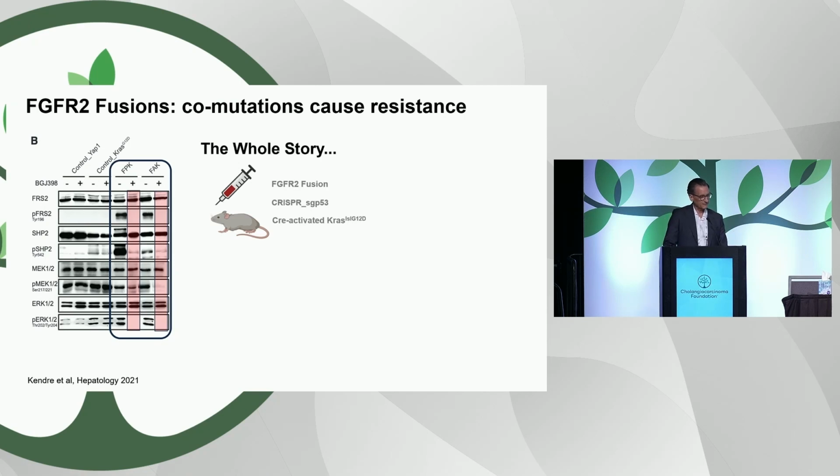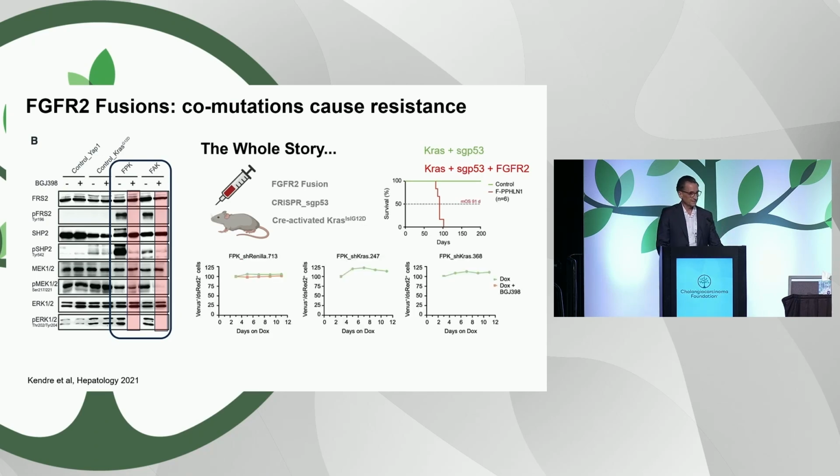When we injected our DNA mix, we also included a mutant KRAS basically to induce the tumor. And actually, the mutant KRAS alone was not effective to drive tumor development, only when we combined it with FGFR2. So we need both drivers for these tumors to develop. Interestingly, we then asked the question, maybe it's related to KRAS. So we treated these tumors with an shRNA against KRAS, and nothing really happened.